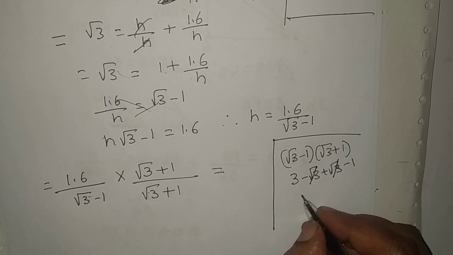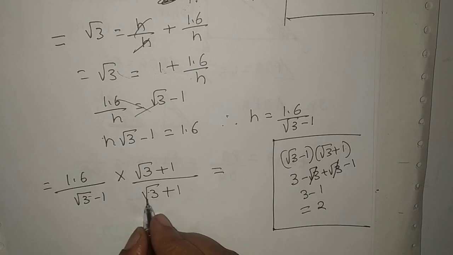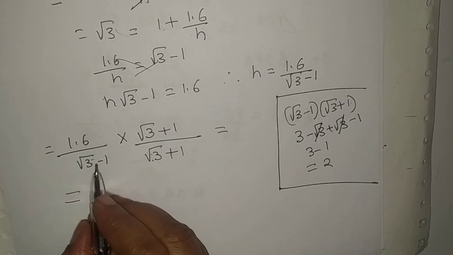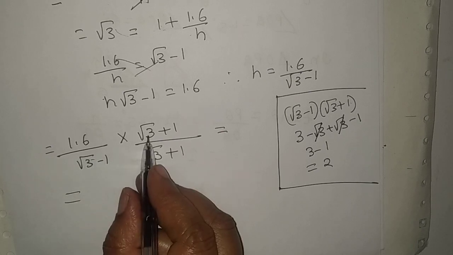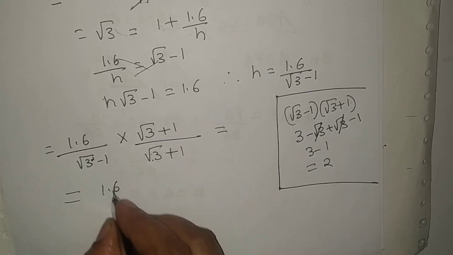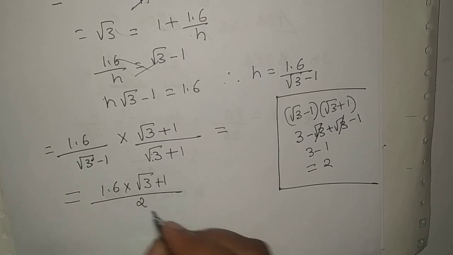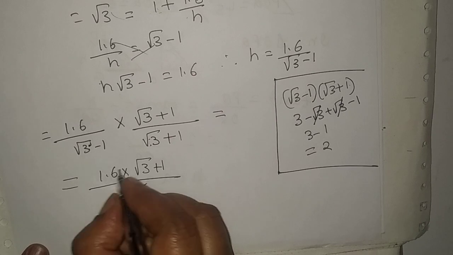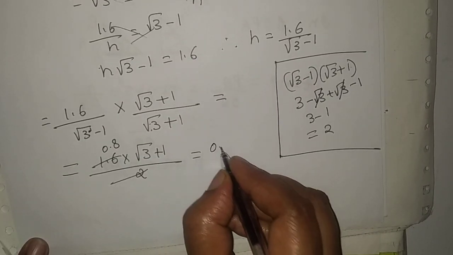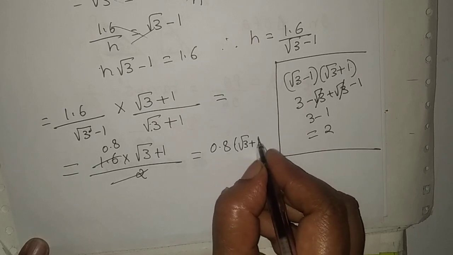These two cancel. We get 3 minus 1, equal to 2, as the answer. After rationalization, we always have to put this by changing the sign. After this, 1.6 into root 3 plus 1 by 2. Finally, 1.6 by 2 is 0.8, into root 3 plus 1.